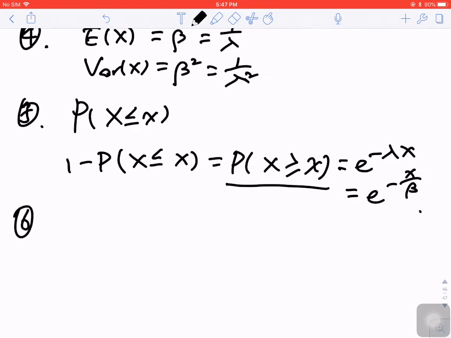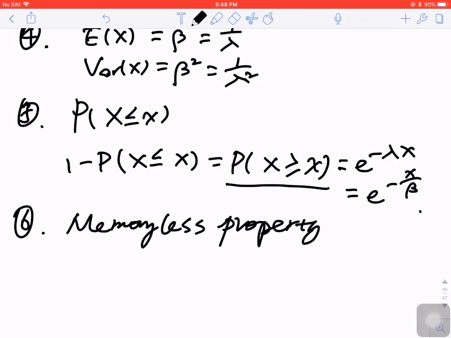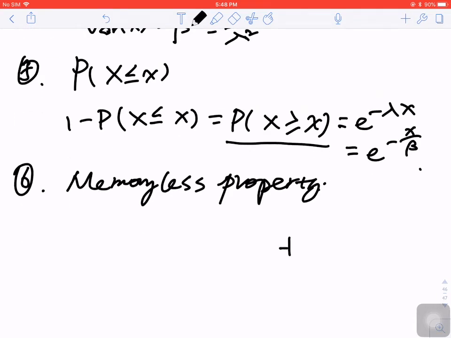Okay, the sixth point, the memoryless property. This is my timeline. From the 0 point, we have s plus t.